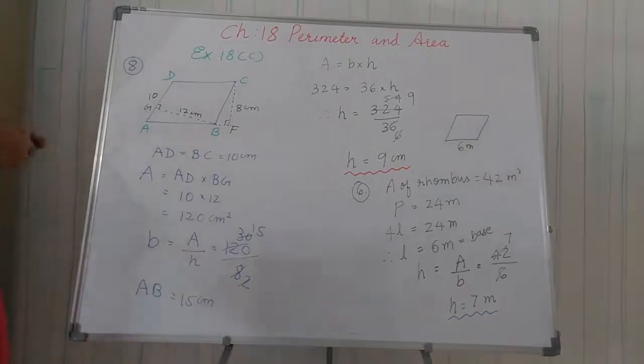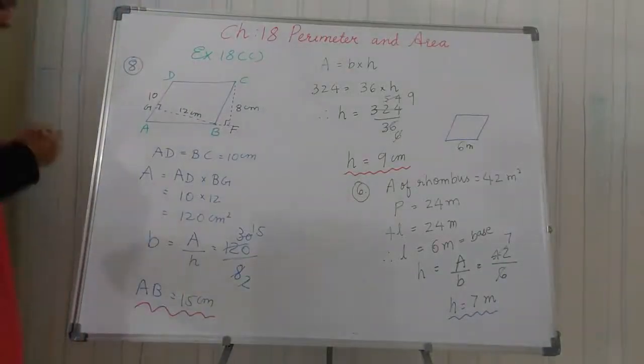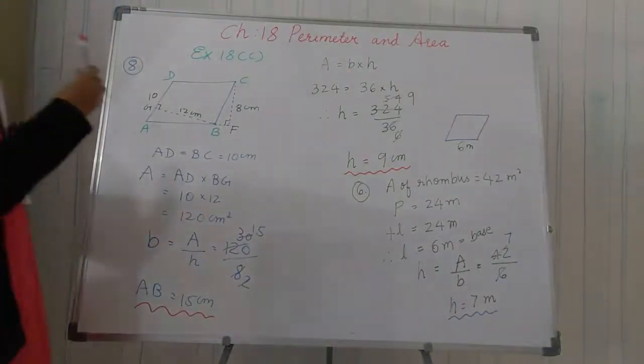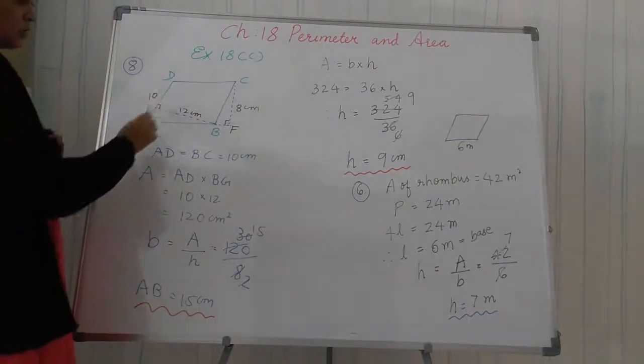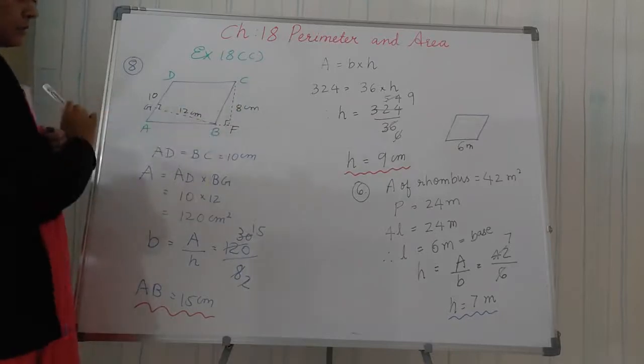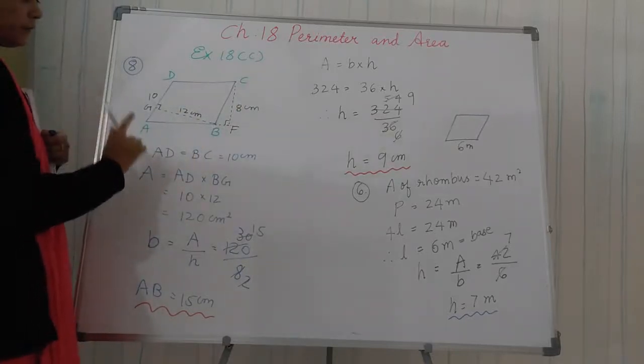So students, this way you can find your question number 8 answer, that is 15 centimeters, AB. See, again I am explaining on this parallelogram, these are the two sides AD and BC, on which there is BG, one height.